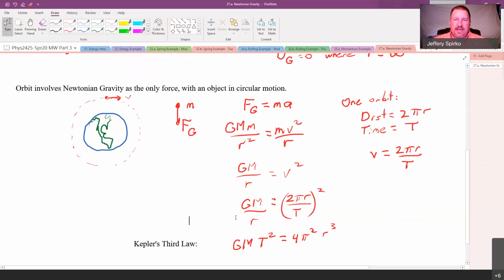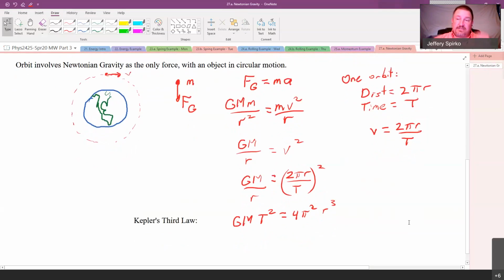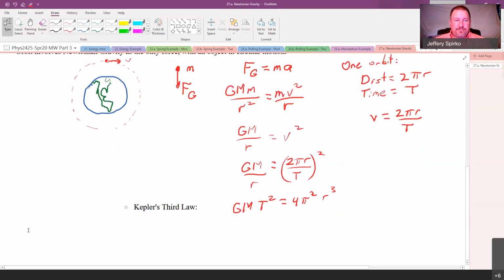And I think it's neat how we can put together Newtonian gravity and our idea of circular motion and our basic idea of the definition of speed and come up with Kepler's third law and see that Newtonian gravity and Kepler's laws are really just different ways of manipulating the same information in the same situation.